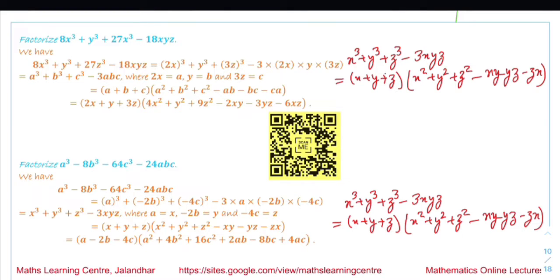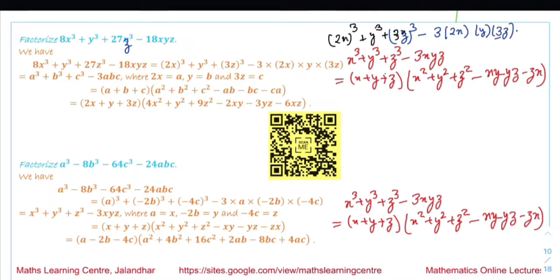When we compare it with this formula, we now have the terms 2x cube plus y cube plus 3z, it should be z over here, it is not x over here. So we get 3z whole cube minus 3 into 2x into y into 3z.